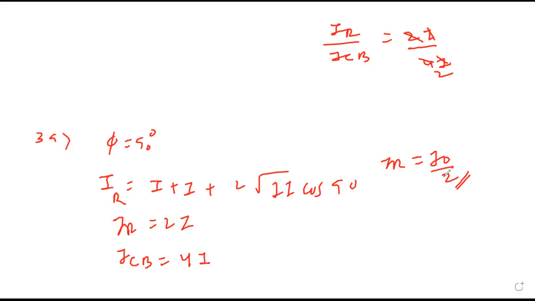What will be the intensity at the same point if the sources are incoherent? See, there is again a printing error. It should be I naught by 6, I naught by 2, I naught by 4, and I naught. This is the correct answer: I naught by 2.